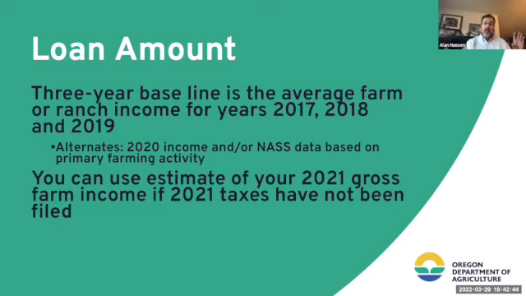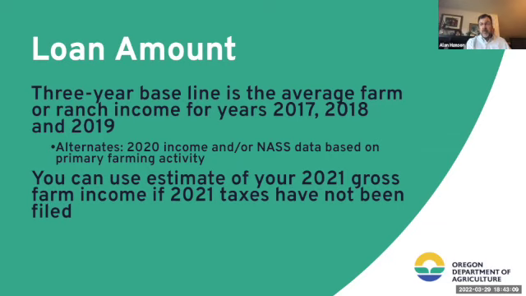However, if you didn't farm in one of those 3 years, you can use 2020 as a substitute. If you'd like to use 2020 instead of 2017, you can't do that if you were farming in 2017. And if you weren't farming for multiple years during that, you can use 2020 for 1 year, then for the rest of the years you'd use the NASS data.